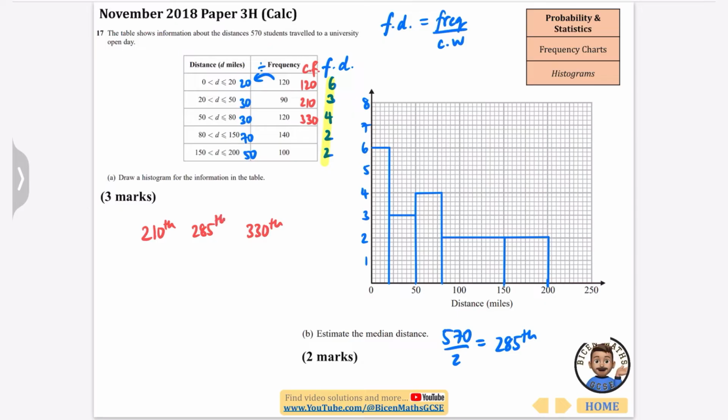This is a gap of 65, and the whole gap is 110. So the fraction of the way along this group that I want to go is 65 out of 110. I want to go that far along the group, and the group is a 30 group.